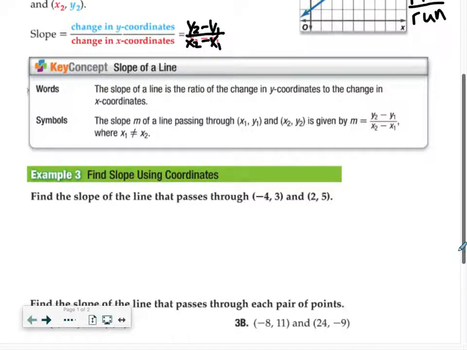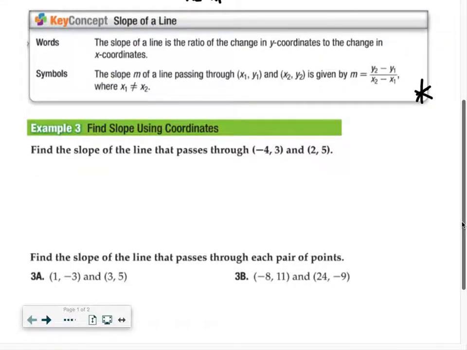Alright, so here's a summary. You can hang on to that box. Find slope using coordinates. Here we've got to use the formula. Find the slope of the line that passes through those two coordinates. What I typically do is call one point x1, y1 when I'm working with linear equations, and x2, y2 would be my other point.